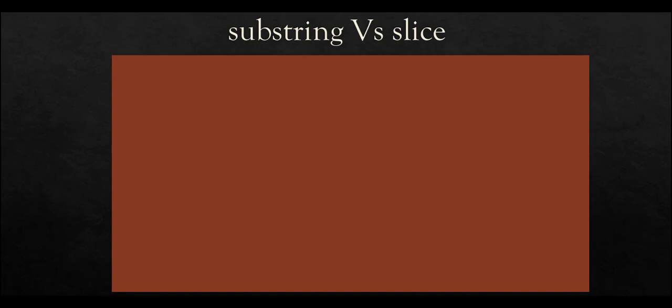Now you might be thinking that if slice and substring are the same, then why two methods? Yes, they both work the same with normal index range, but substring and slice results differ in the following scenarios.